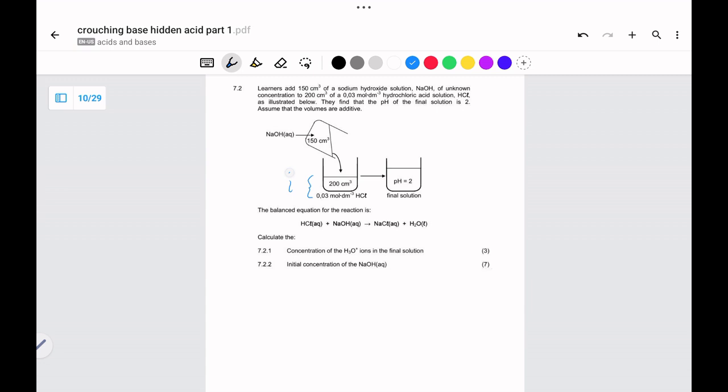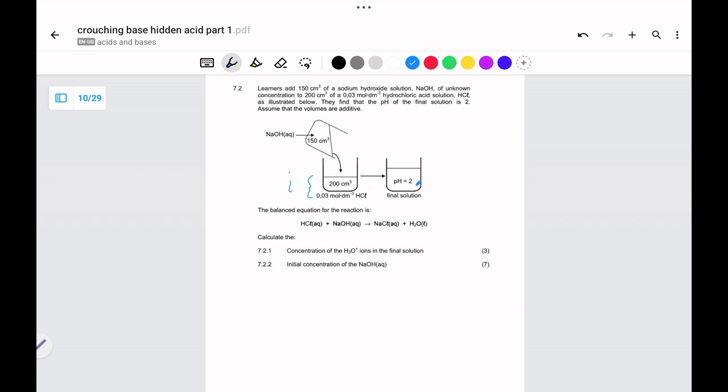But notice that the pH is much less than 7. So we have an acidic solution in the final state, which means since we had an acid reacting with a base, it means that the acid was in excess. As I mentioned in the prequel, this pH is a measurement of the solution.